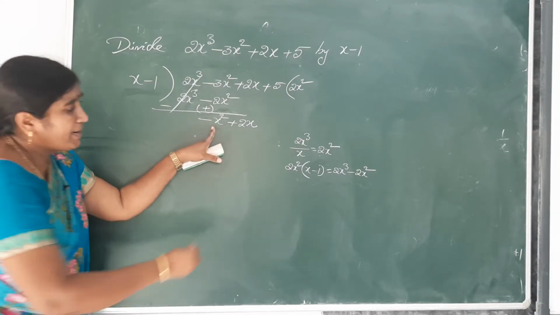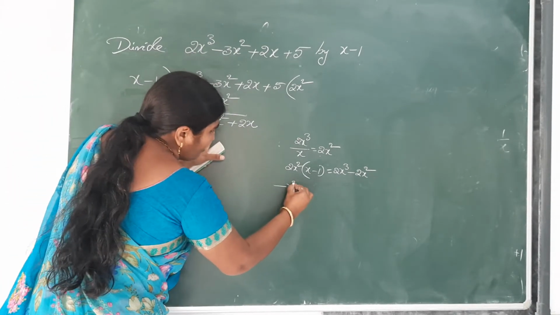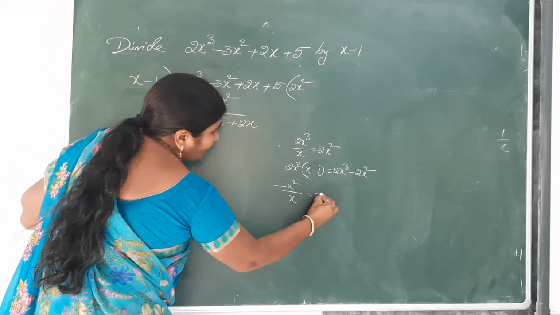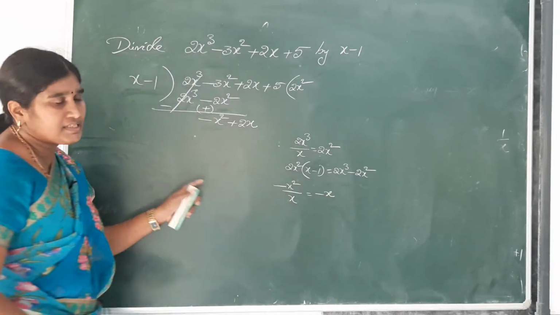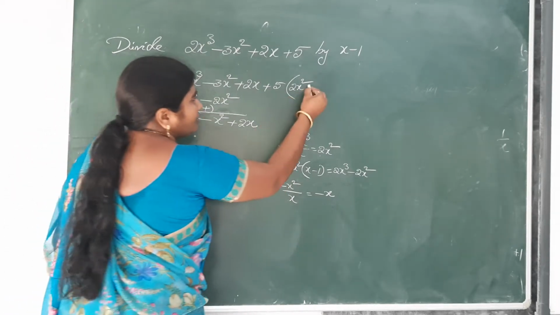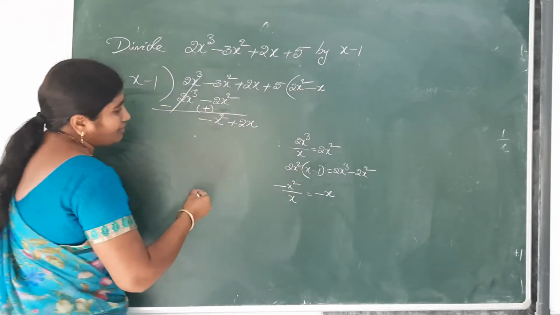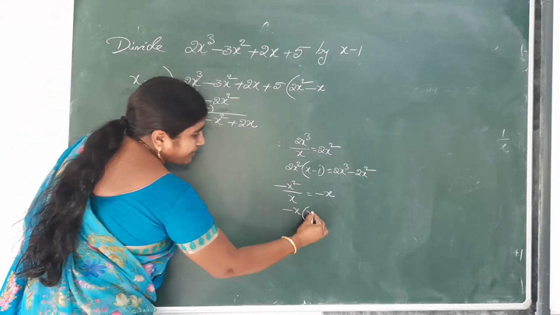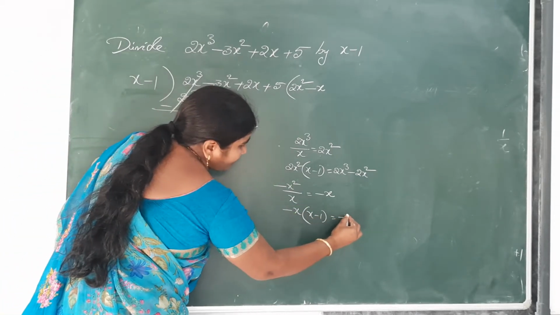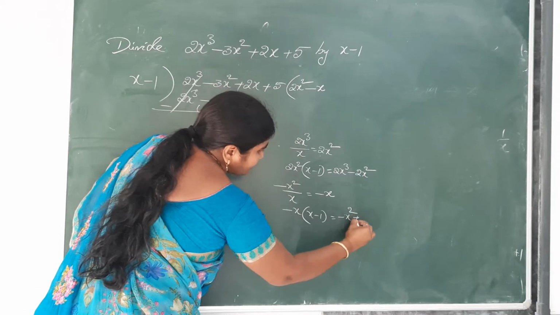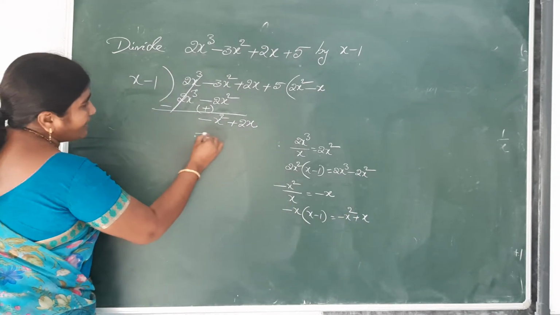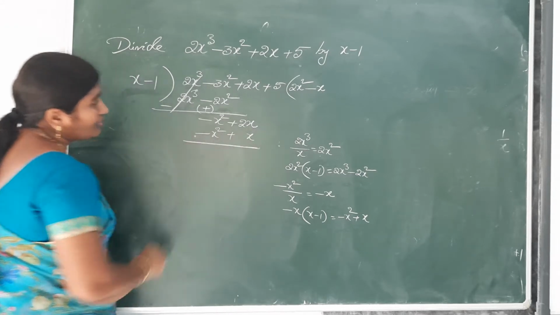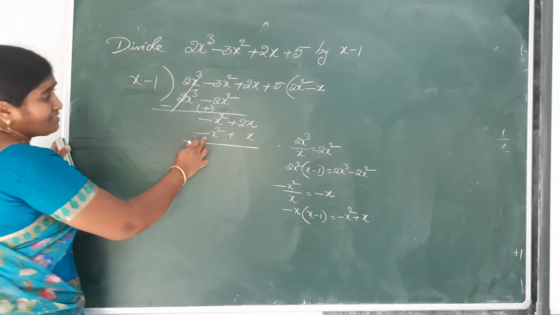Divide minus x square by first term x, we get minus x. It becomes the second term in the quotient. Minus x into divisor x minus 1 equals minus x square plus x.